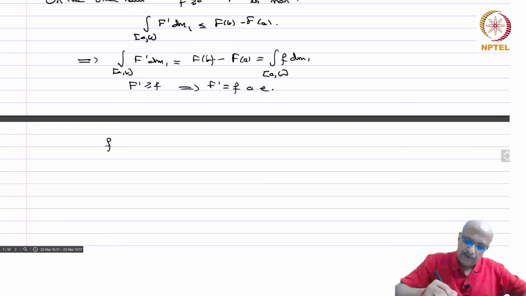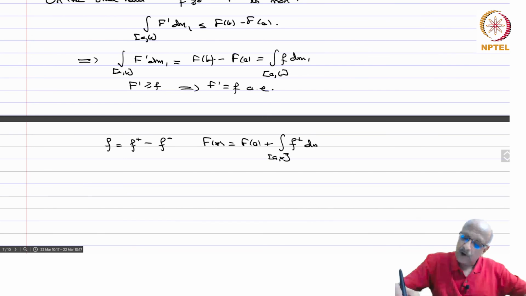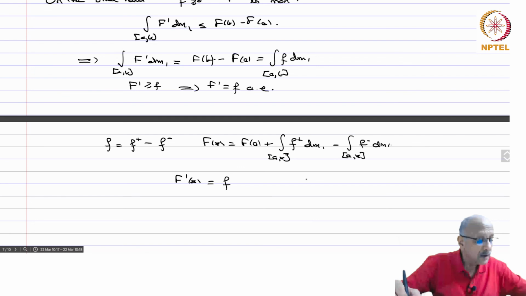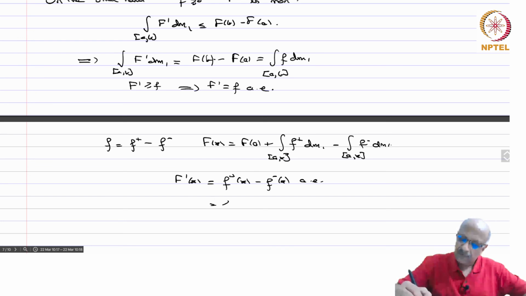So in general you take f equals f plus minus f minus, and then F of x equals F of a plus the integral from a to x of f plus dm1 minus the integral from a to x of f minus dm1, and then you get F' of x equal to f plus of x minus f minus of x almost everywhere, that is equal to f of x almost everywhere.